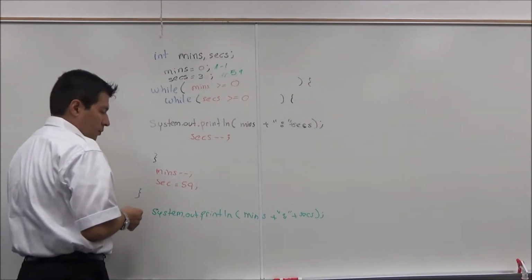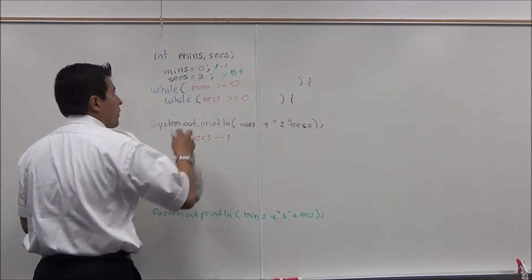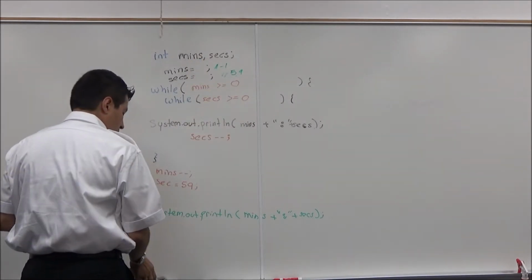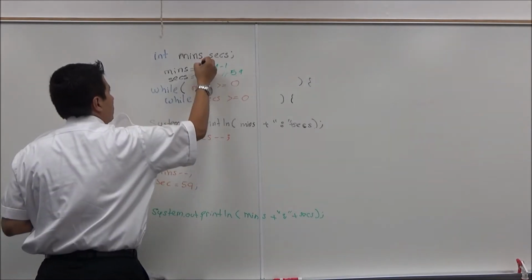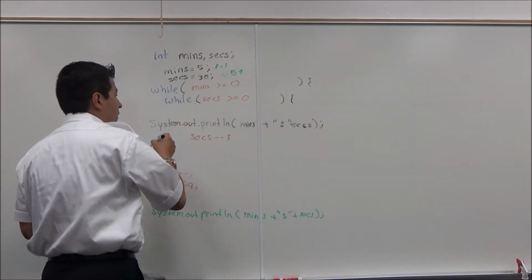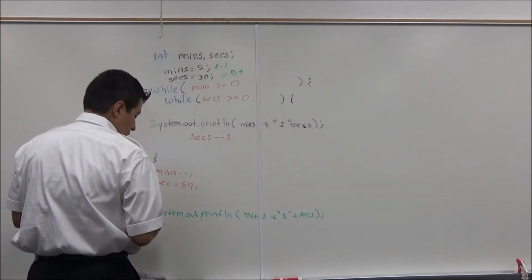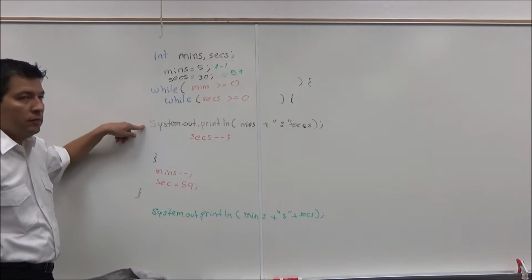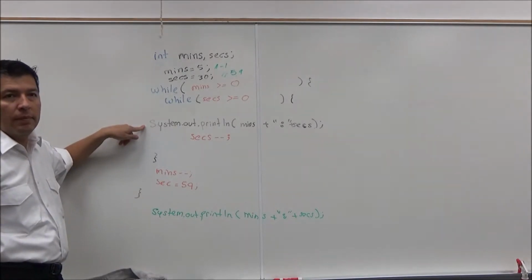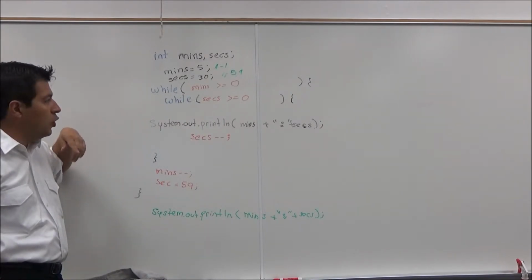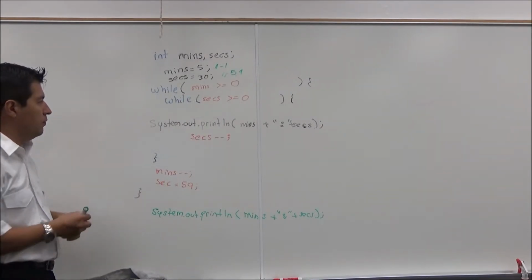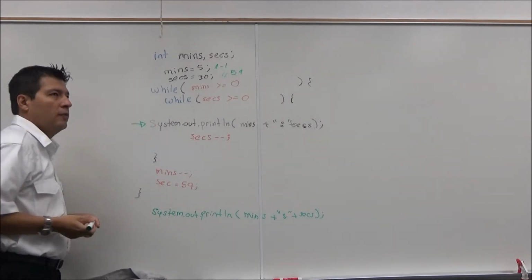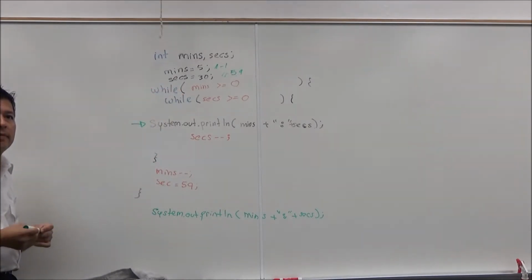So if I had asked you before, when this was 5 and 30, how many iterations we have here, what will that be? So how many times does this line of code execute, the way we had it? 3 seconds?